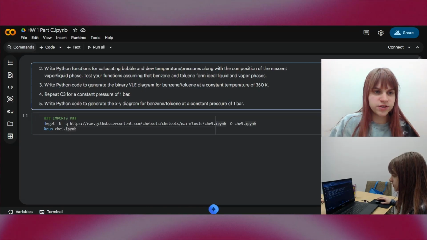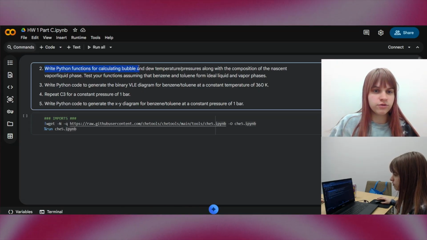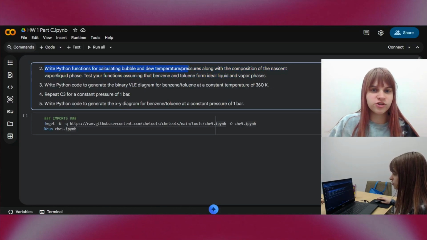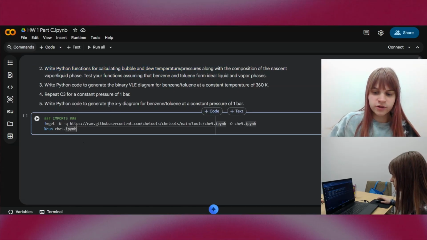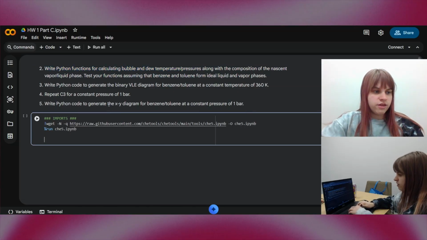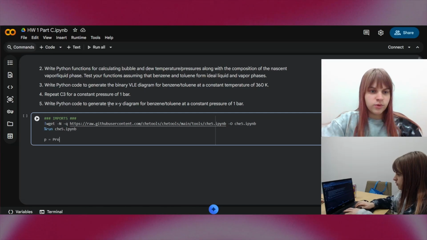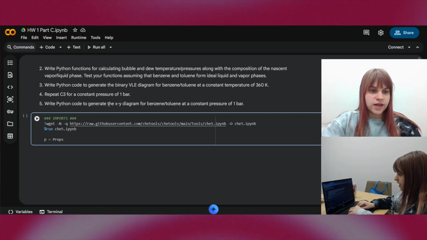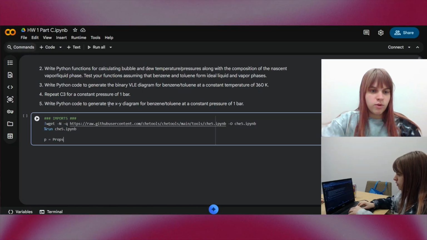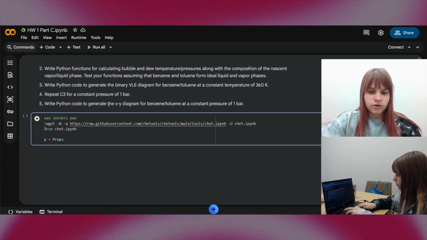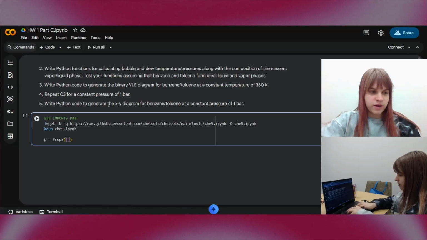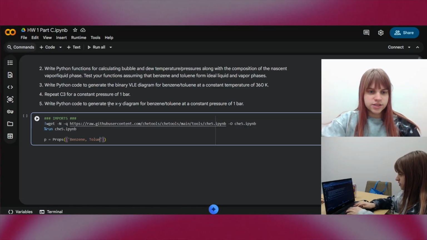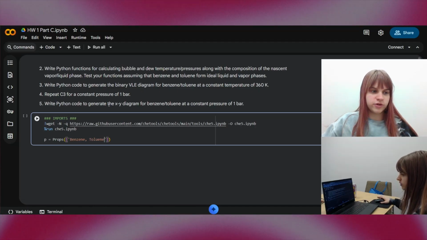What we are going to do first is write the functions for calculating the bubble and dew temperatures and pressures. First, I want to get started with something that can pull the data from this import. This will pull, if I type it out correctly, benzene and toluene from the imports.